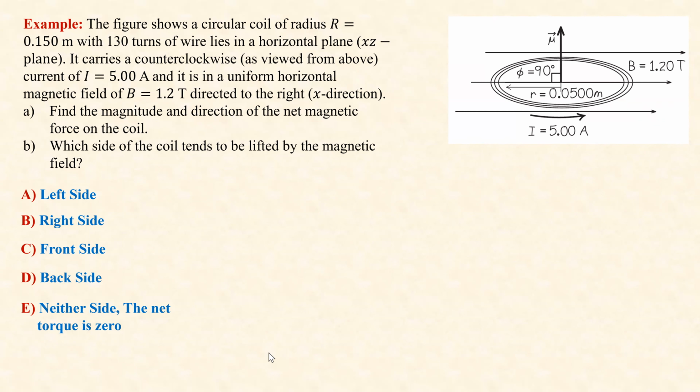Torque is mu cross B. And now we want to see which side of the coil tends to be lifted. And let me remind you of the formula I just showed you. Mu cross B is the torque.